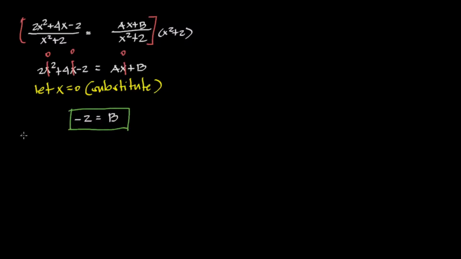So, say we have, sulat natin dito, 2x squared plus 4x minus 2 over x squared plus 2 is equal to ax plus b over x squared plus 2. Okay? Now, kung gagamitin natin si x is equal to 0, magka-cancel out si a, so wala din tayo makukuha.